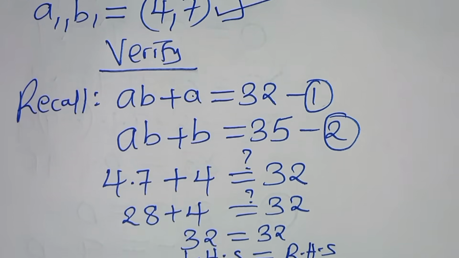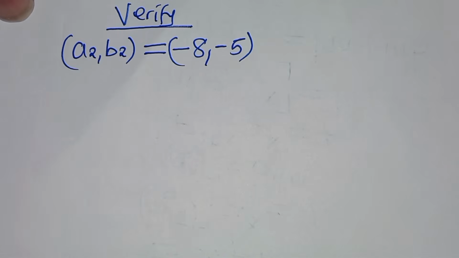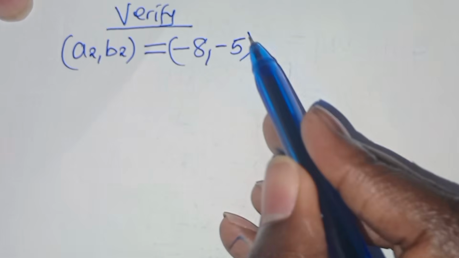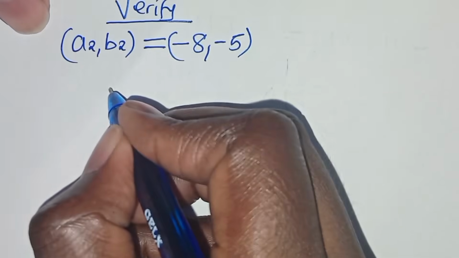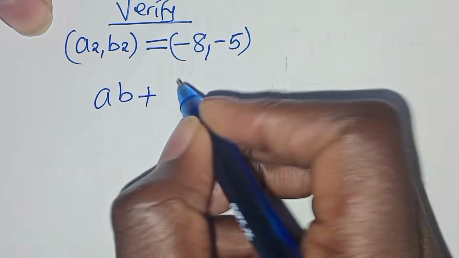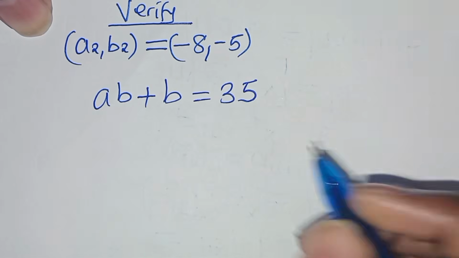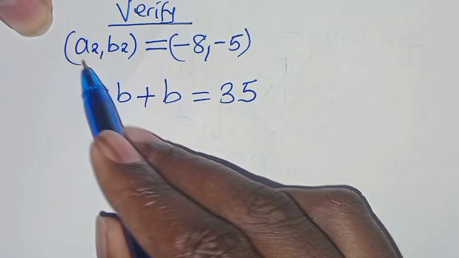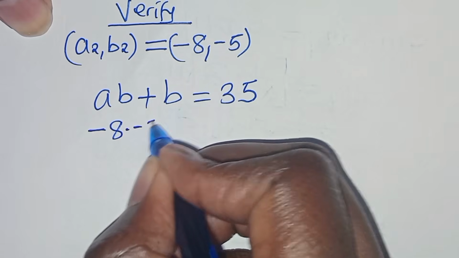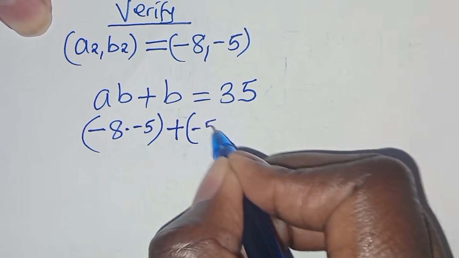So let's check for A2, B2 from here. We have A2, B2, this is minus 8, minus 5. If you recall from equation 2, which is AB plus B, this is supposed to give us a value of 35. Let's substitute the values of A and B, so that we have minus 8 times minus 5, then plus minus 5.